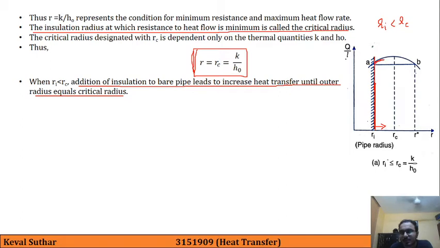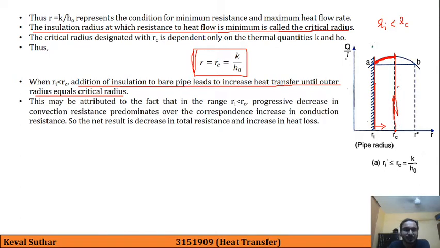This was already proved mathematically in our previous slide. So this will keep on increasing and the heat flow rate will reach its maximum value over here, that is at the critical radius Rc.